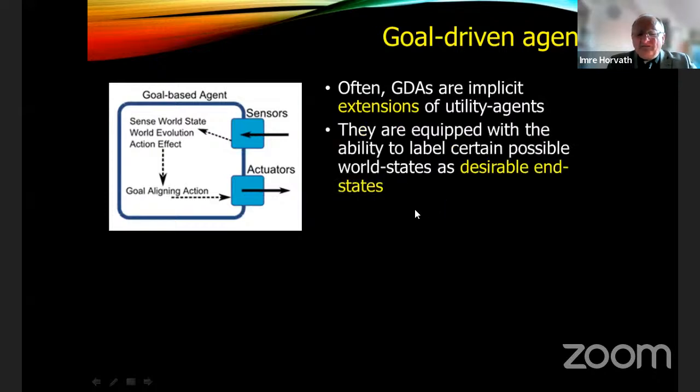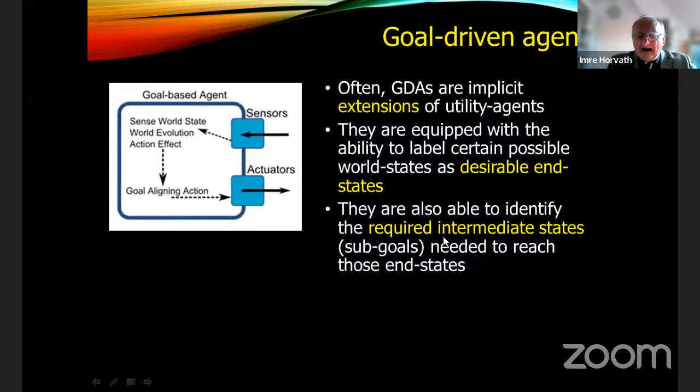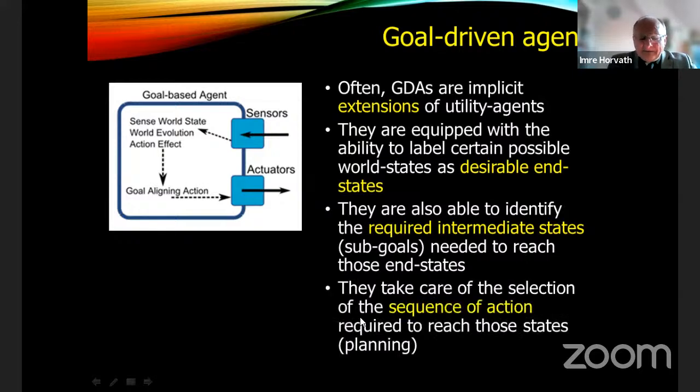They are equipped with the ability to label certain possible world states as desirable end states. They are also able to identify the required intermediate states, sub-goals needed to reach those end states. And the goal-driven agent takes care of the selection of the sequence of actions required to reach those states which are planned.